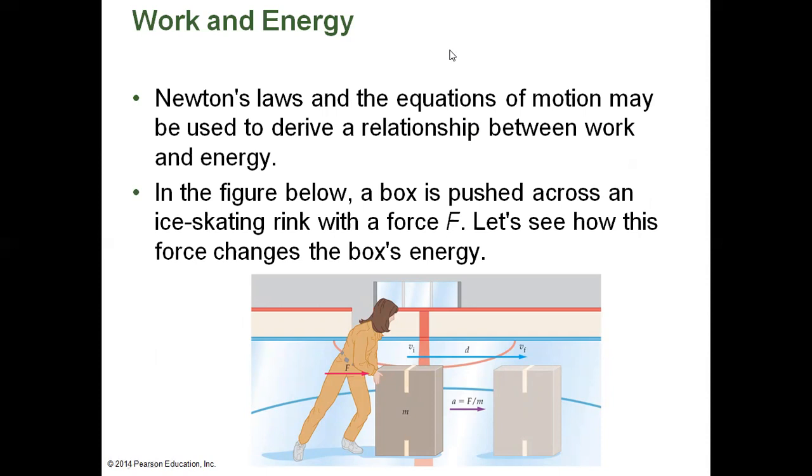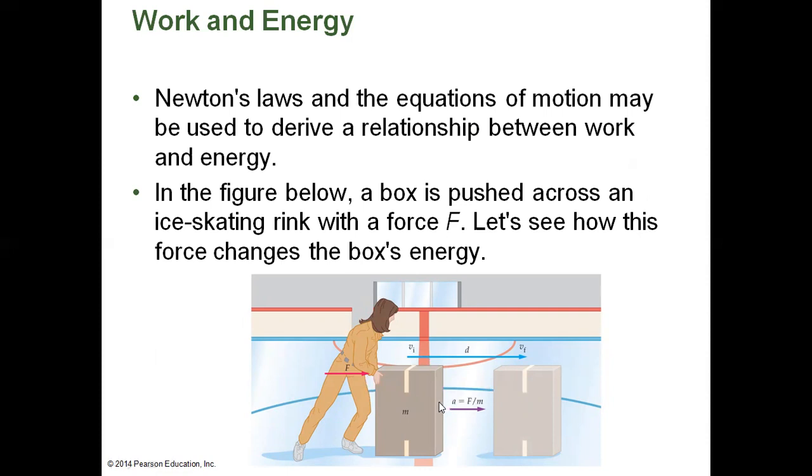In the figure below, a box is pushed by a person across an ice skating ring. Now he applies a certain force, F, let us say. Let's see how this force changes the box's energy. No doubt, he pushes by applying a force equal to F in this direction.